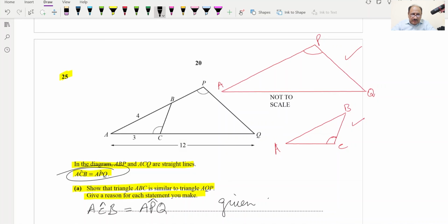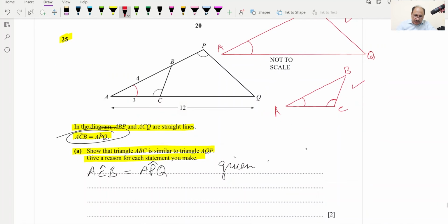And the second thing, BAC is common in both. This angle is for both triangles, so we can say that this angle is equal to this angle. So we will write BAC angle will be equal to QAP angle.